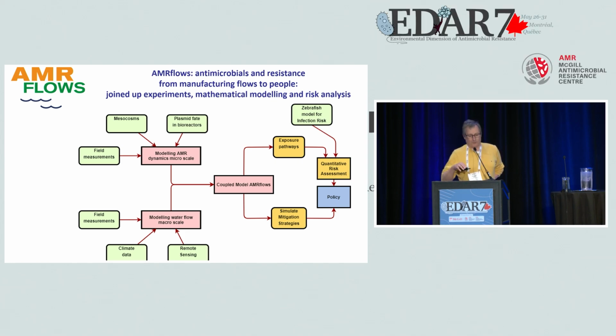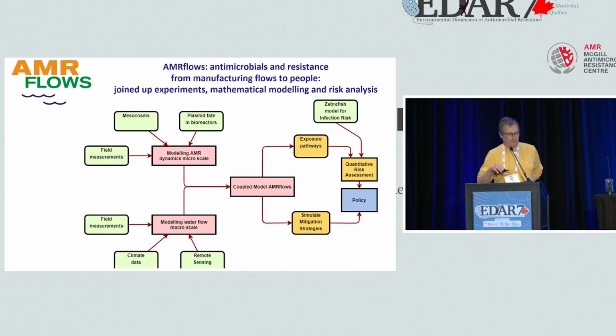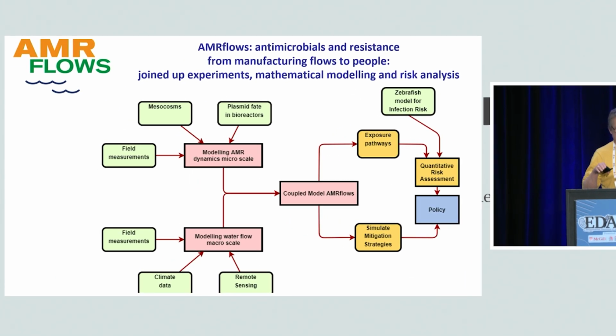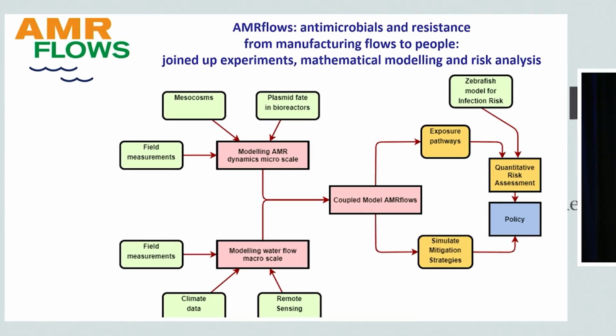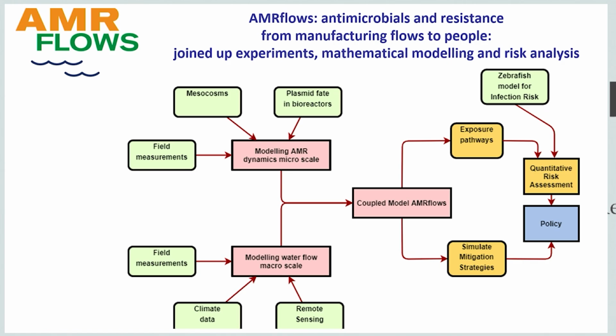We wanted to do a lot of measurements and mesocosm studies and remote sensing, to feed into models of antimicrobial resistance dynamics and models of water flow, and combining them and feeding that into the quantitative risk assessment.